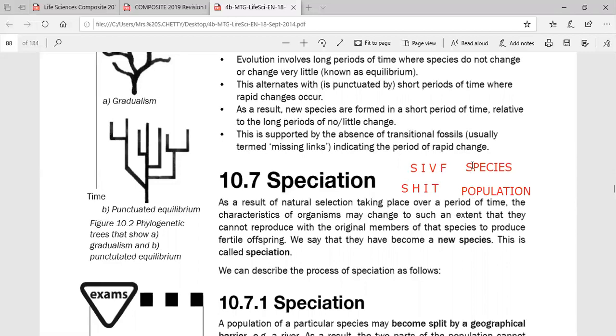So a population is of the same species. Therefore, members of a population must be able to interbreed with each other.